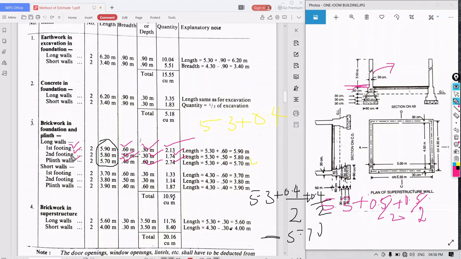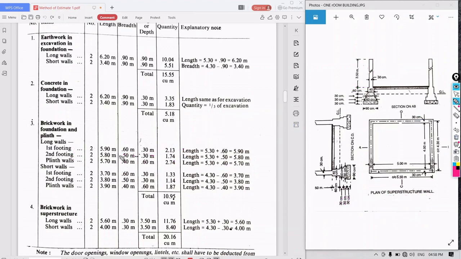Okay, next similarly we are doing for the short wall also. For the short wall, what is the center line length? That is 4.3. How we added there, we have to subtract here, that's it. 4.3 for the first footing, what do we need to subtract? 0.6.